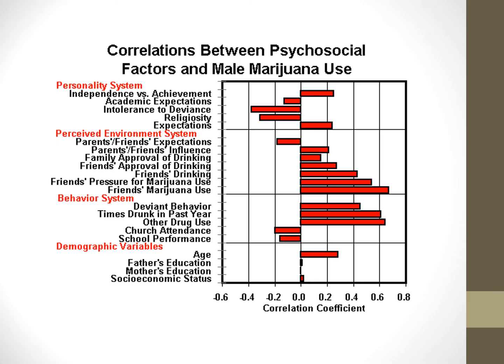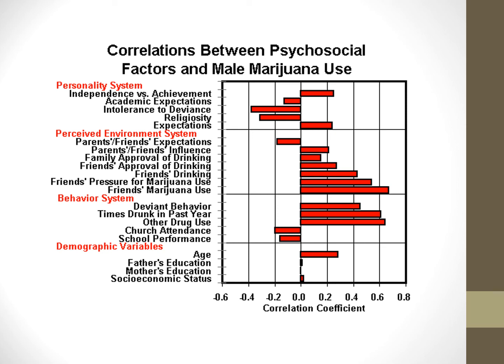Here's another chart that I thought was pretty clear in laying out the correlation coefficients. They were looking at a variety of, as we say a lot, psychosocial variables or factors, and male marijuana use. Probably most of these would be statistically significant, but not socially significant.